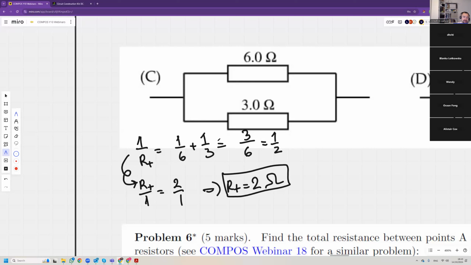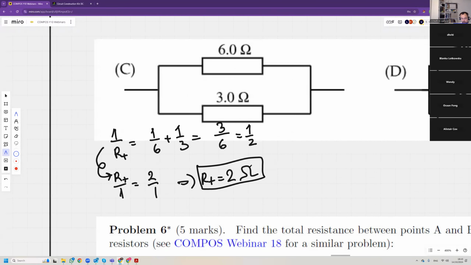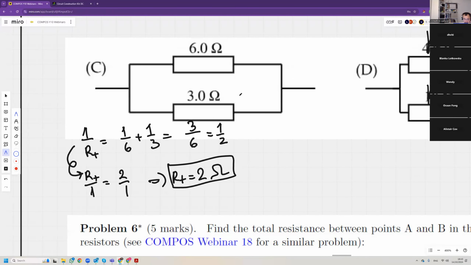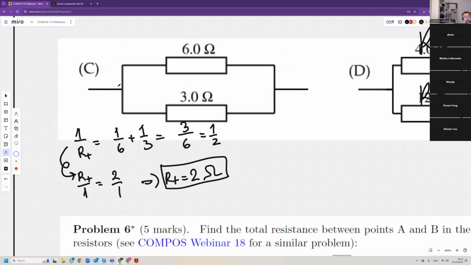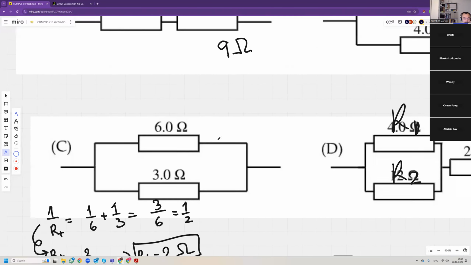Okay, so a little bit of maths manipulation here, but the total is 2 ohms. So these two resistors can be replaced with a 2 ohm resistor. That's it. Very neat. Very nice.